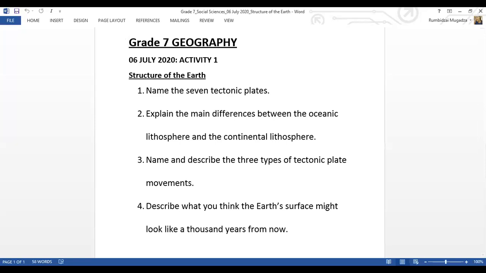Number 2, explain the main differences between the oceanic lithosphere and the continental lithosphere. Number 3, name and describe the 3 types of tectonic plate movements. Number 4, describe what you think the Earth's surface might look like 1,000 years from now. That is your homework.